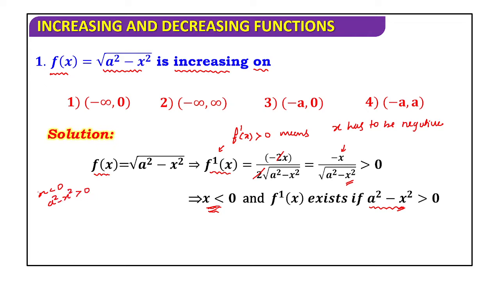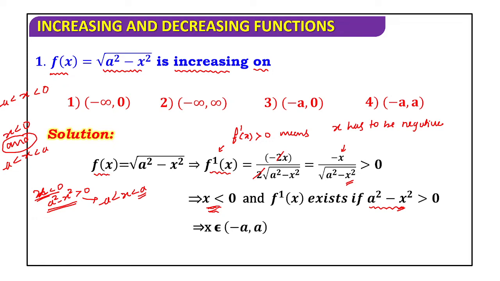By solving these, x is going to be greater than minus a and less than plus a. So x is less than 0 and x is between minus a and plus a. Taking the intersection of these two, x must be greater than minus a and less than 0.